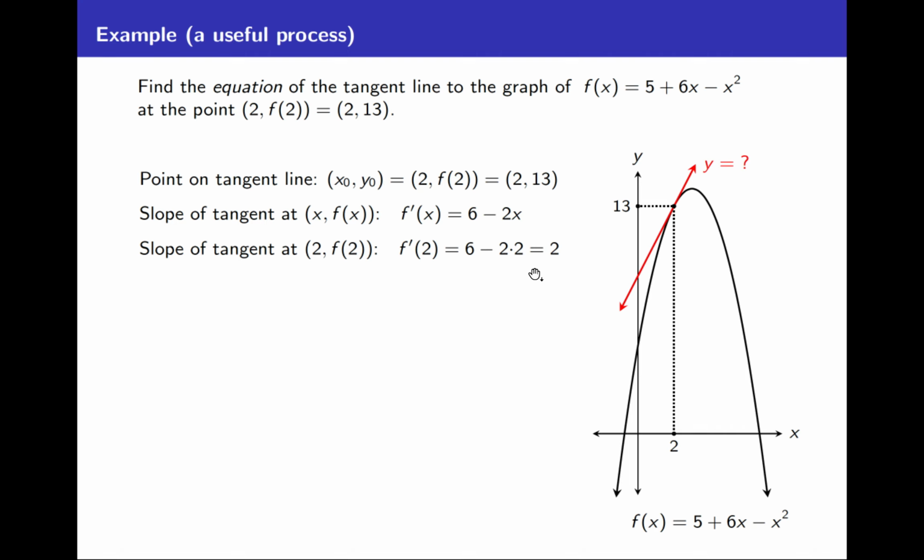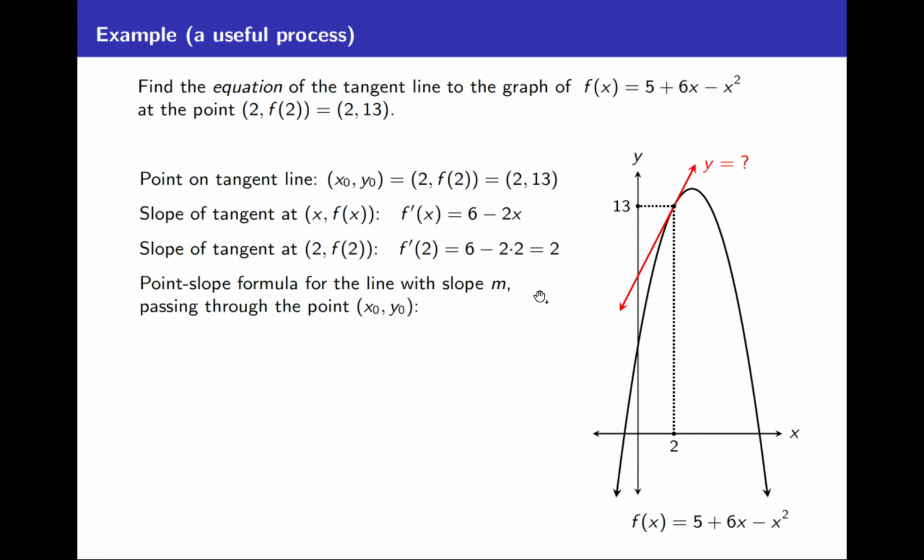So we've got our information, the data we need. We have a point on the line that we're trying to find the equation for, and we've got its slope, and that can feed into the point slope formula for a line with slope m passing through the point x naught, y naught. You'll remember that that formula is y minus y naught equals m times x minus x naught.